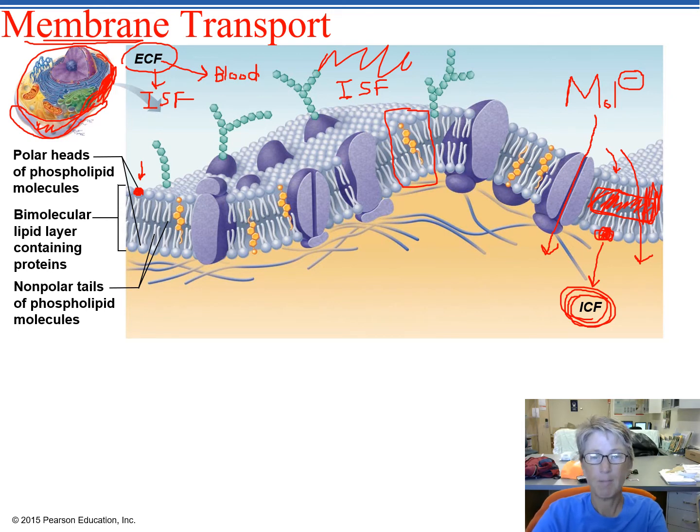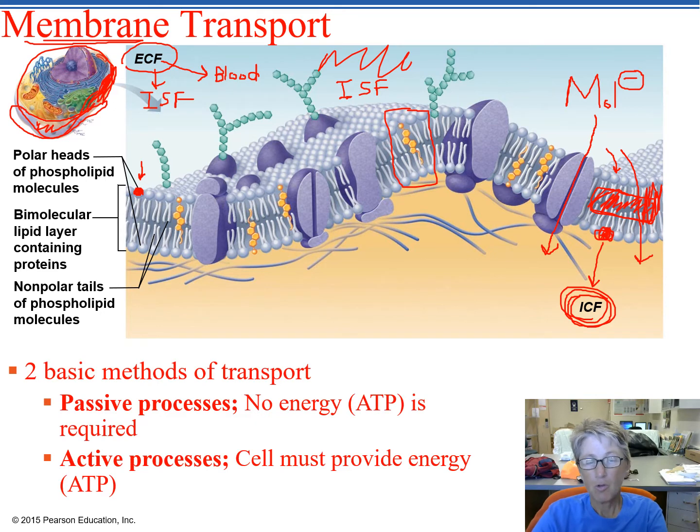So that's kind of an overview of membrane transport. There are two basic methods of transport that we'll be talking about. The first basic method of transport across the cell membrane is a passive process. A passive process means that you are a molecule and you will diffuse down your concentration gradient.